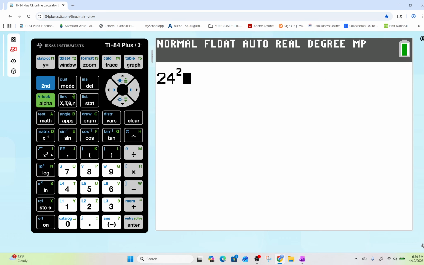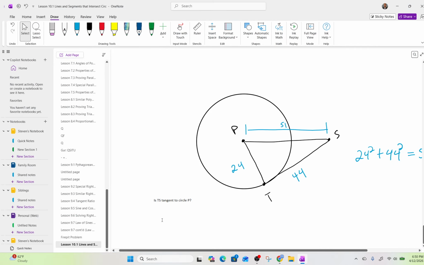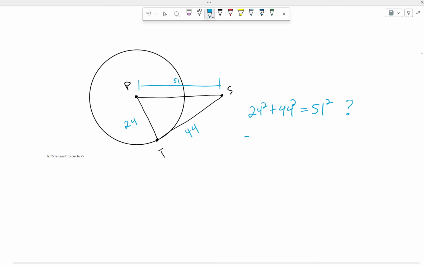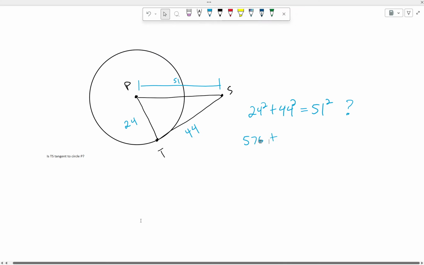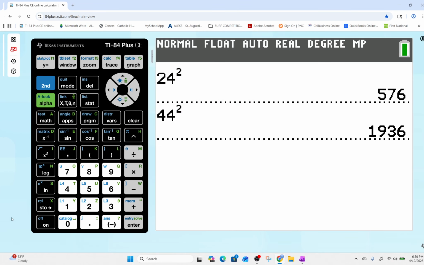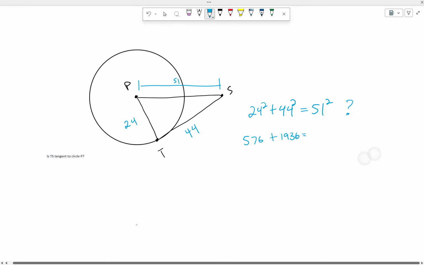24 squared. So that's 576. Plus 44 squared. This is 1936. And 51 squared, which is 2601.